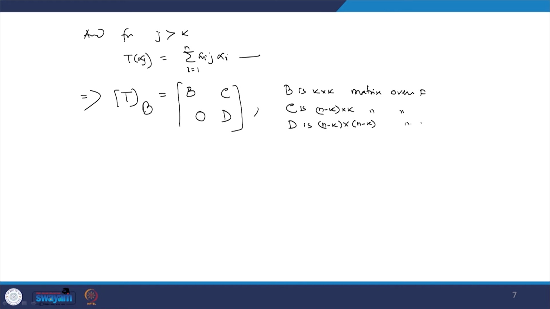So, if I simplify it, let me introduce one more operator defined like this. I want to induce a linear operator on W, that is T w.